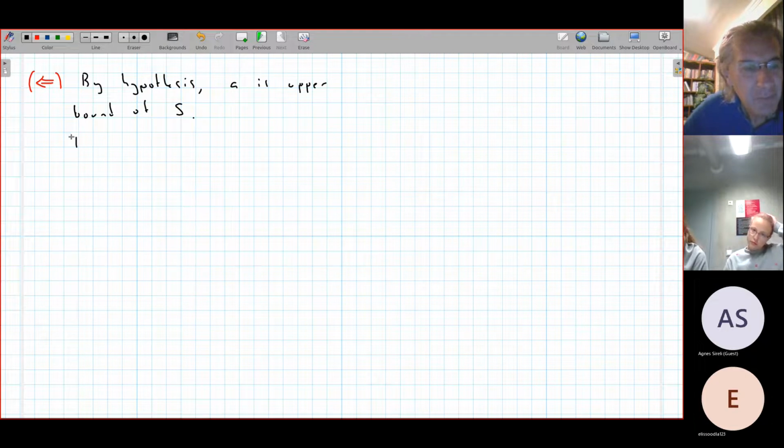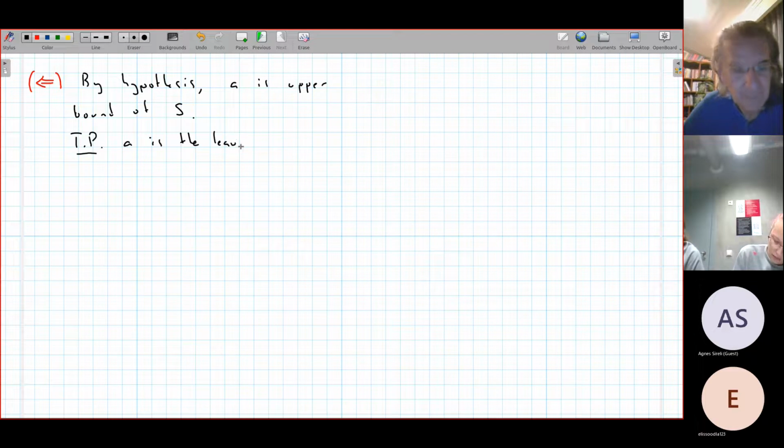So to prove that A is the least upper bound, we are going to do that by contradiction.